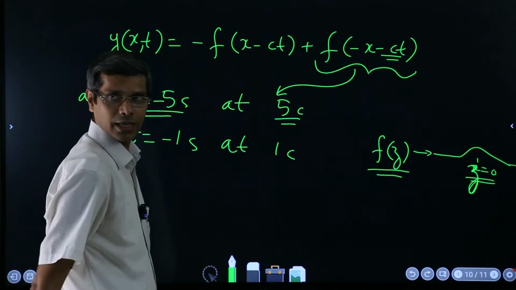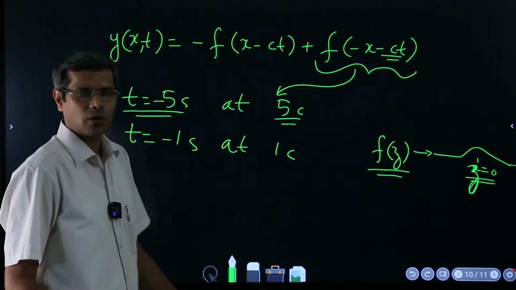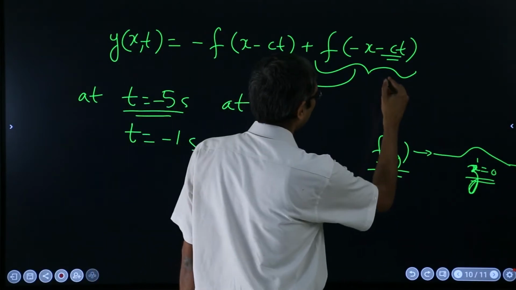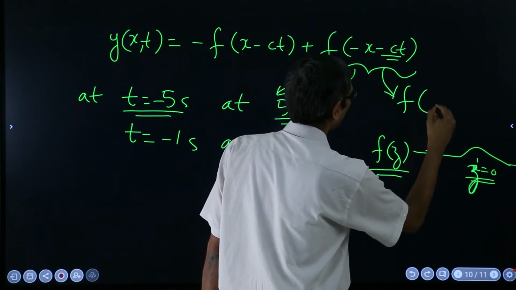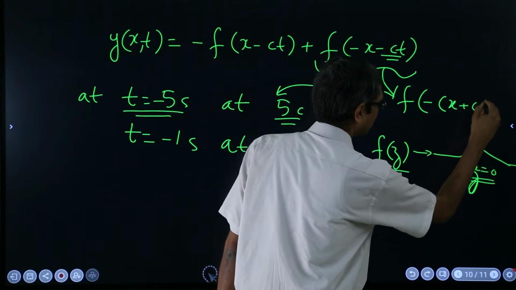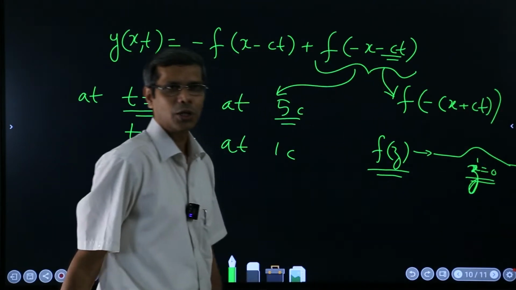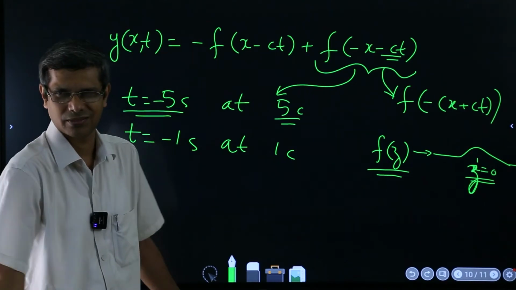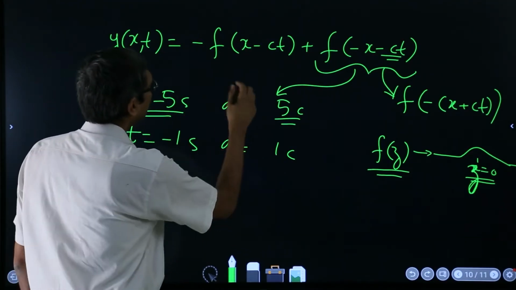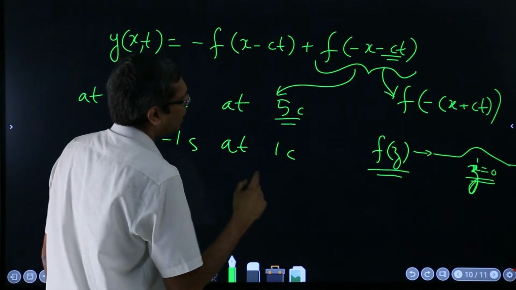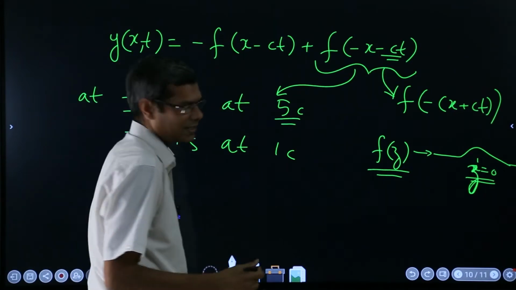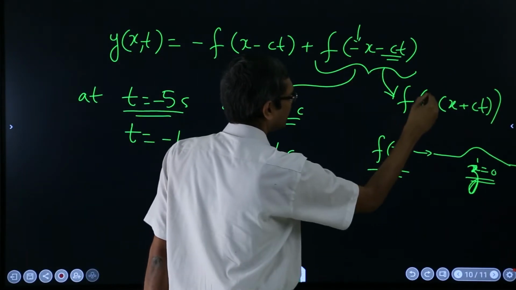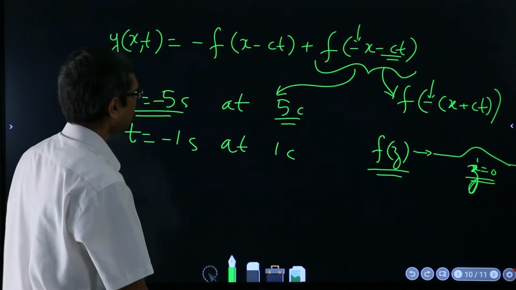One other way to see this is that it is f(-x + ct). Any function of x plus ct moves leftward. There is a reason why these terms are there.